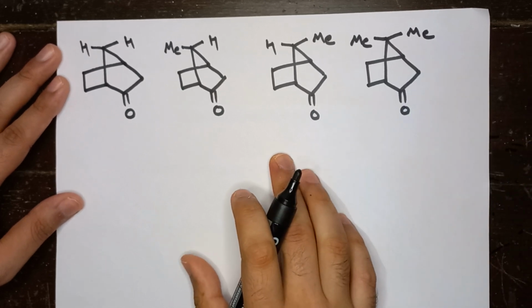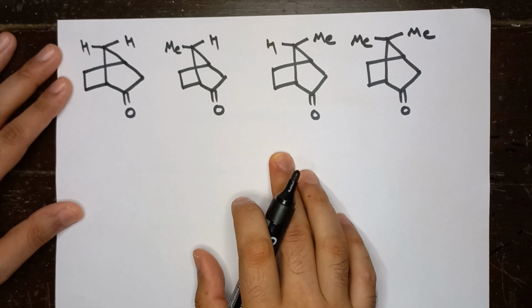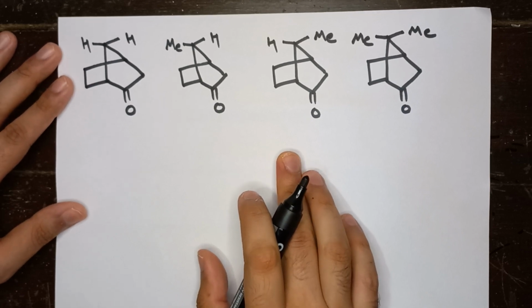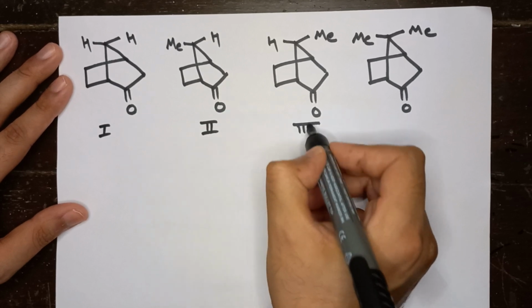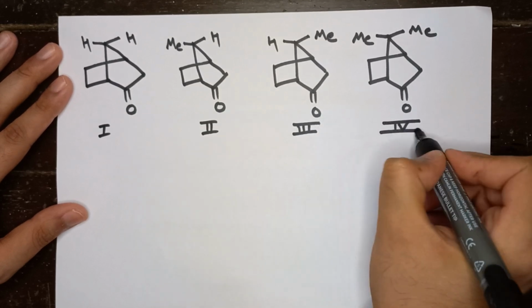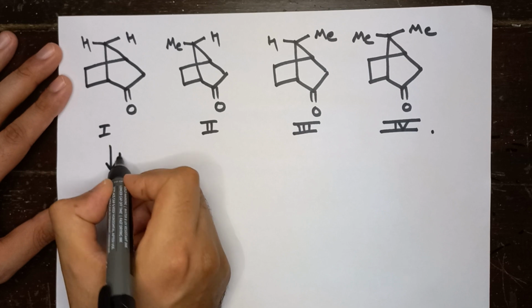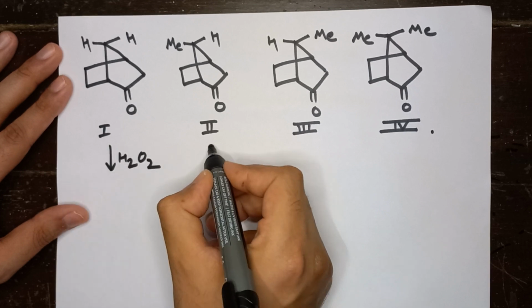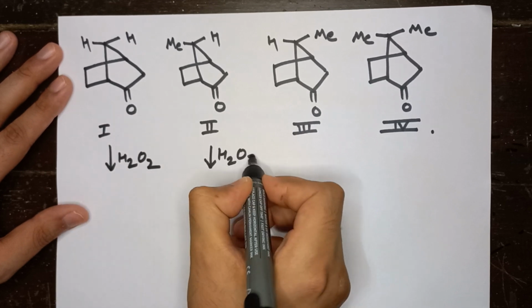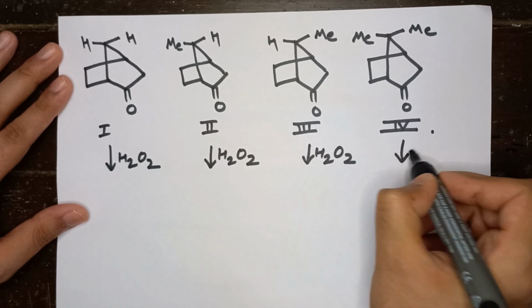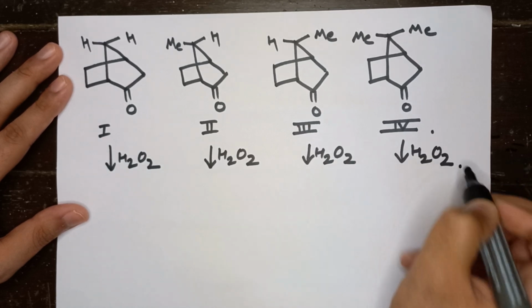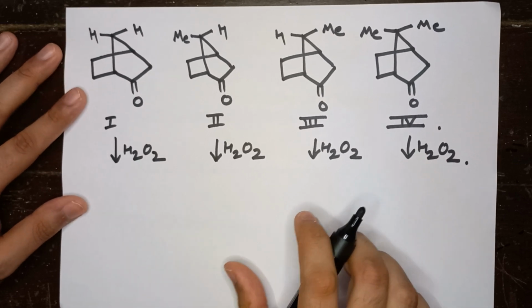Now this methyl can be any R group or any alkyl group. Okay. So this is the first one, this is the second, this is my third one, and this is the fourth one. So let's do mCPBA, or the hydrogen peroxide mediated Baeyer Villiger oxidation for all of them, and let's write the product for all of them.